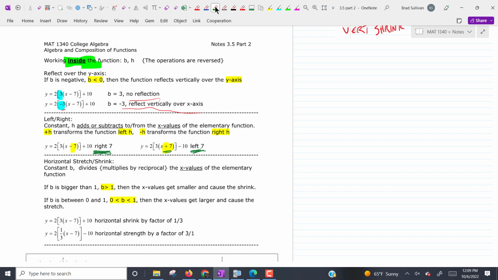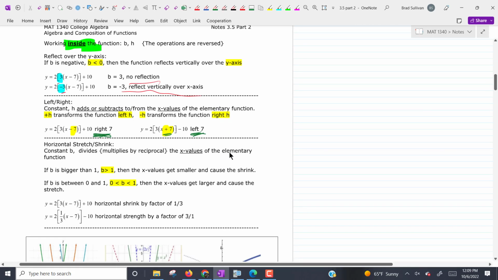And then the only other thing that's possible is this number right here, which works like this. Now that's right inside with the x, and it's backwards of what you think. It's backwards of vertical. So when you multiply by 3 inside the function, that causes you to shrink by the reciprocal.